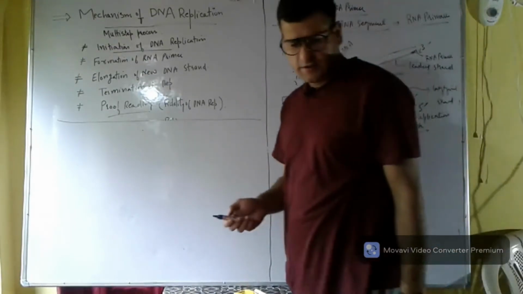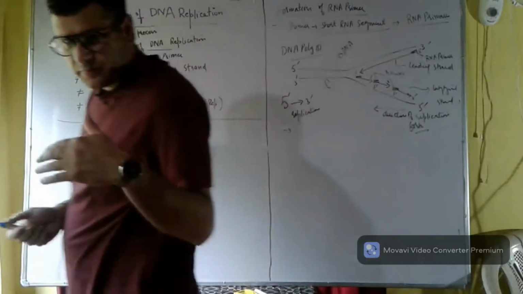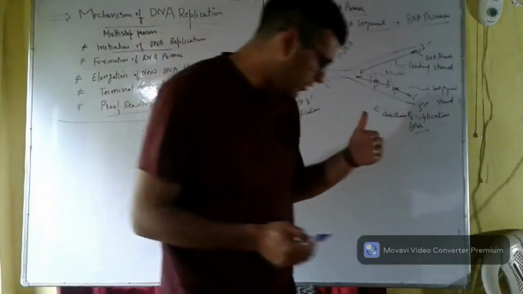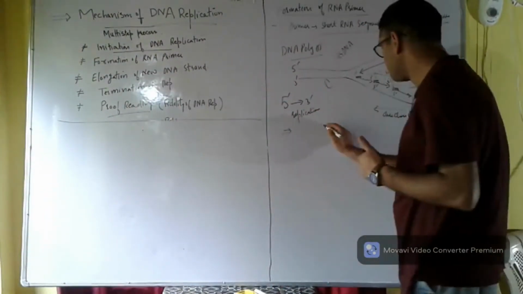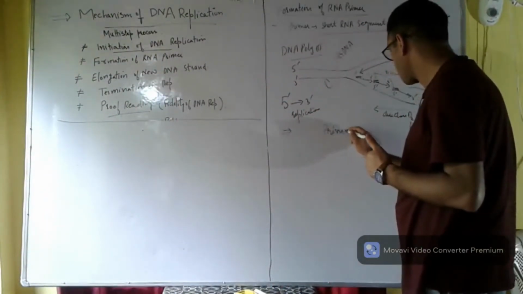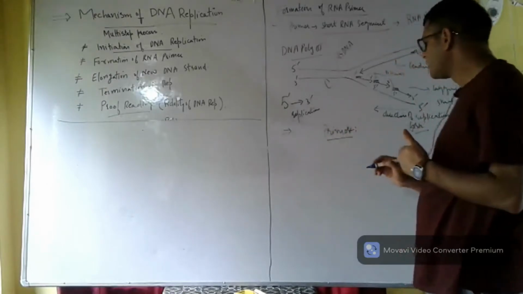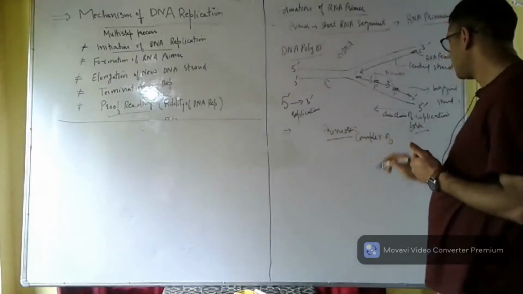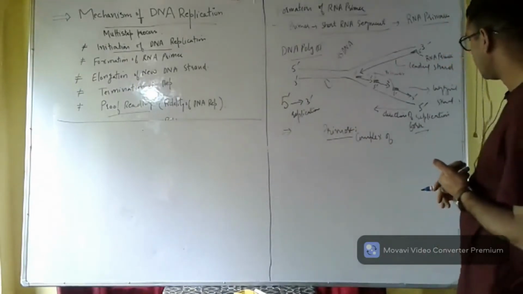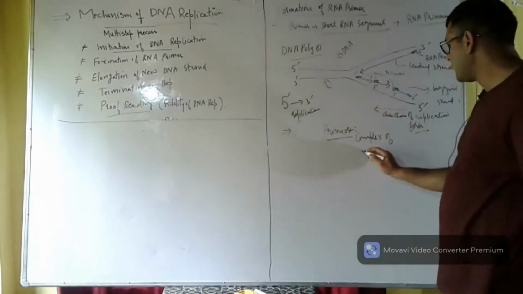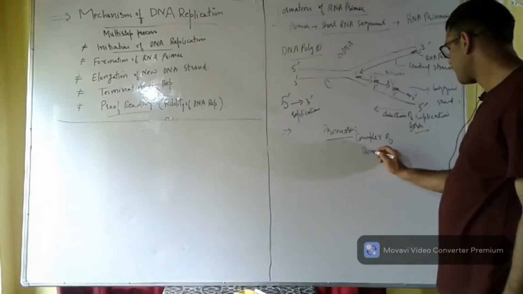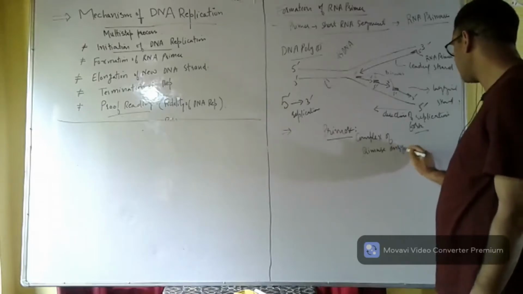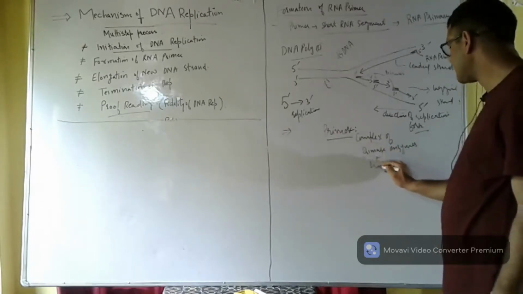Then there is an enzyme called primase. Primase is a complex of enzymes, the RNA primase enzyme plus the helicase enzyme.